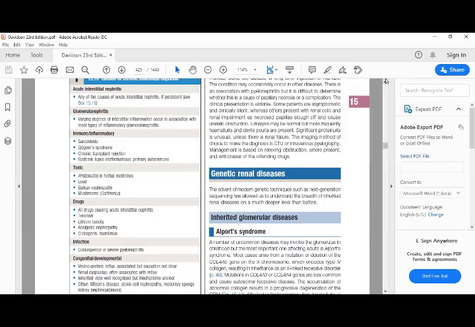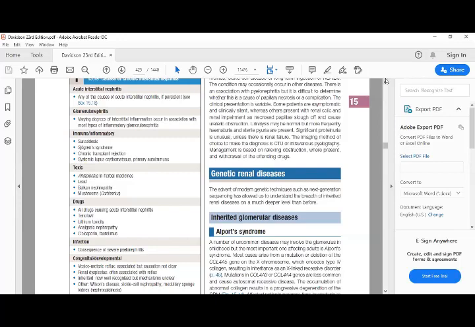Varying degrees of interstitial inflammation occur in association with most types of inflammatory glomerulonephritis. Immune or inflammatory causes: sarcoidosis, Sjogren syndrome, chronic transplant rejection, systemic lupus erythematosus, primary autoimmune.